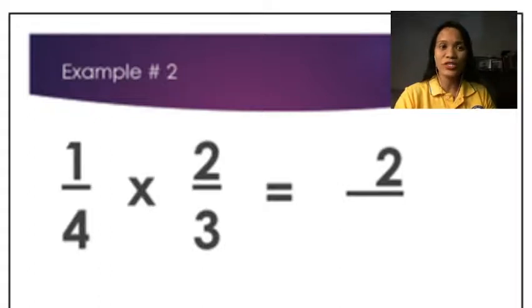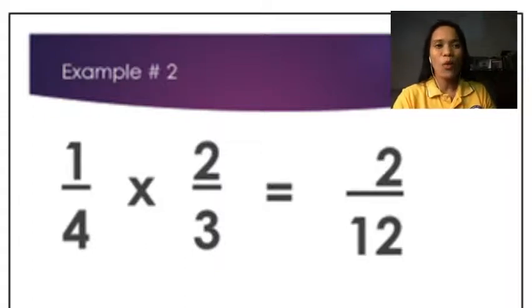So 2 is our top number. Then we multiply the bottom number. 4 times 3. 12 is our bottom number. And our answer is 2/12. So there we have it. 1/4 times 2/3 is equal to 2/12.